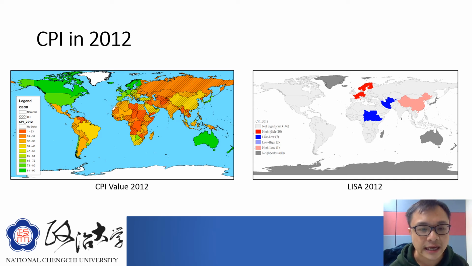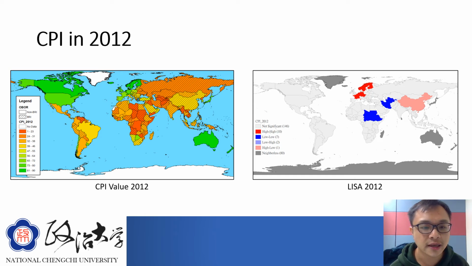It's not surprising to see North America, Europe, Australia, New Zealand, and Japan in green. Green means very good. The redder you are, the more corrupt you are.